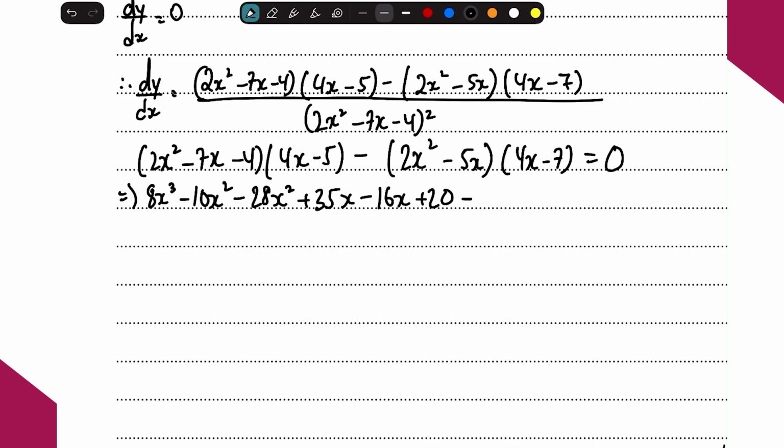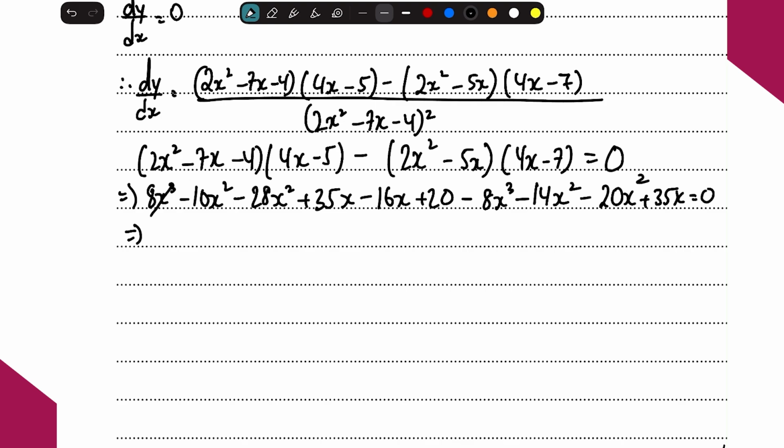Then you've got 8x cubed. And then 20x squared, and then 35x, I think that's it, right?